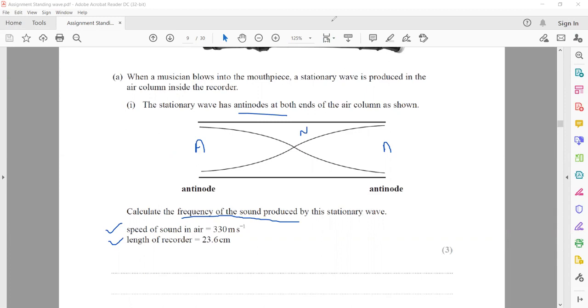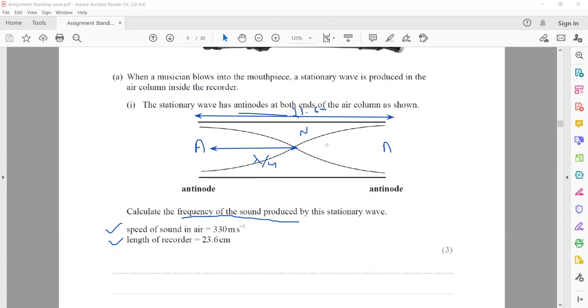So using the length of the recorder, we can work out the wavelength. How can we work out the wavelength? The total length is given as 23.6 centimeter. And the distance between a node and an antinode is a quarter of the wavelength. This is lambda by 4.